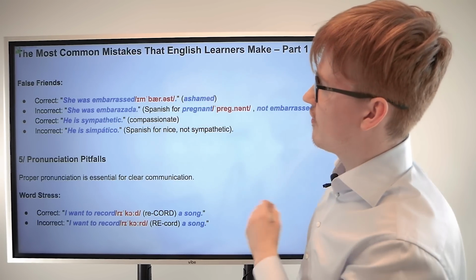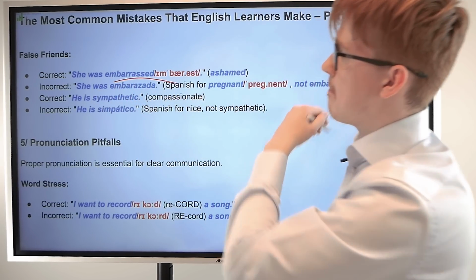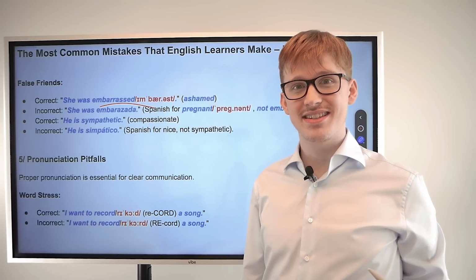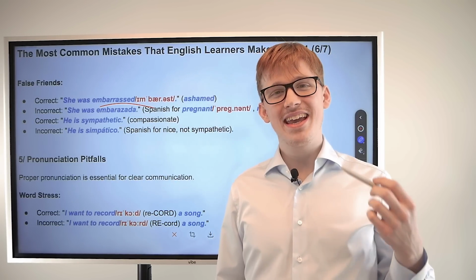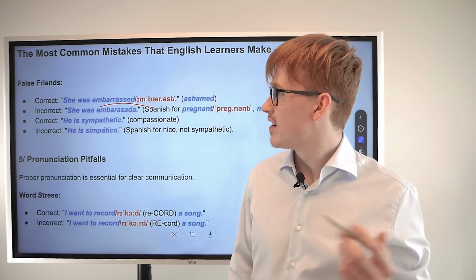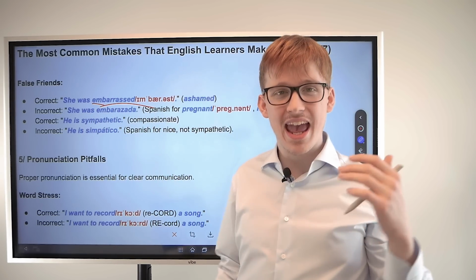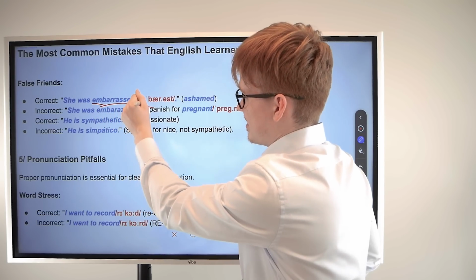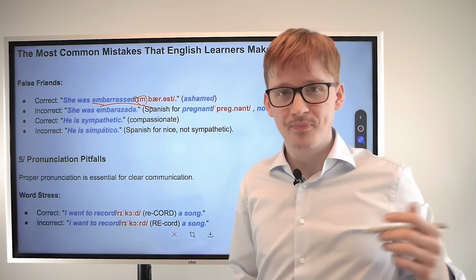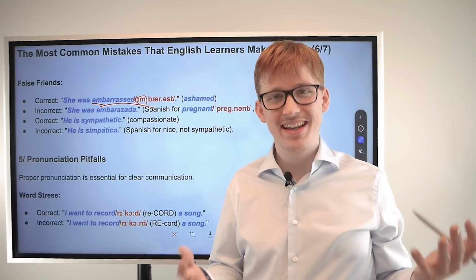Let's look at first, embarrassed. This is quite a long word, so if you want to repeat after me, embarrassed. Not embarrassed, embarrassed. It's almost more of an I-M sound. Embarrassed.